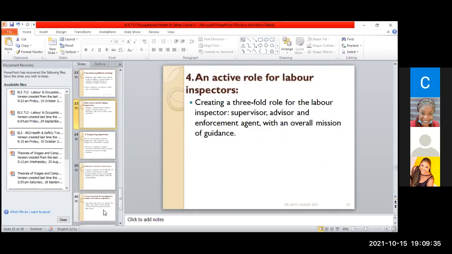Number 4, quickly, an active role for labor inspectors. They are to do a lot of things, to be up and doing, to ensure there is compliance. So we can divide their role into three-fold: the supervisors, the advisors, and the enforcement agents, with an overall mission of guidance.